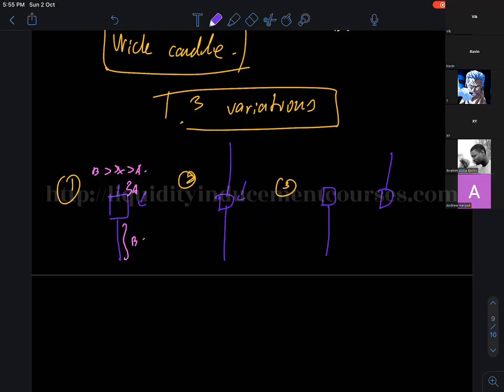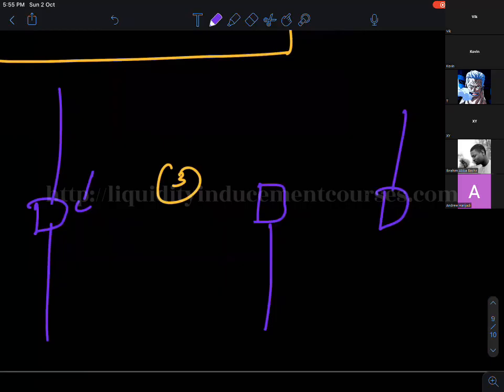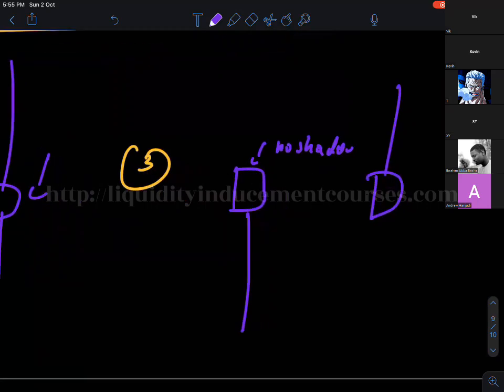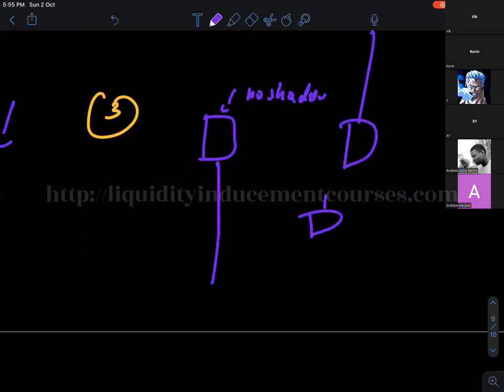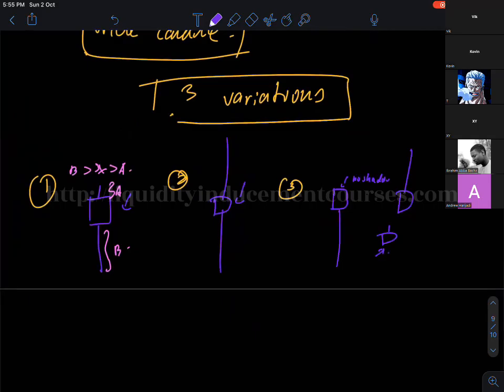So at least one long wick. Yeah, I guess you could say that. Well, no, this one is no shadow. Focus on the no shadow. Sometimes it could also look like this, like that, but then it doesn't have a shadow, right? Okay. So this one is also a wick candle.